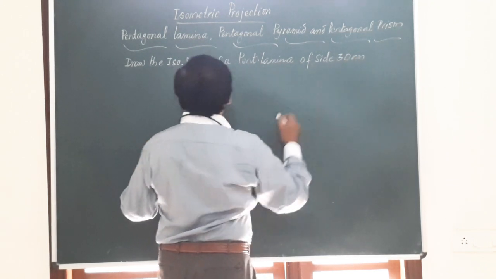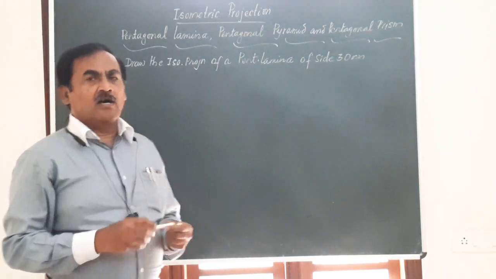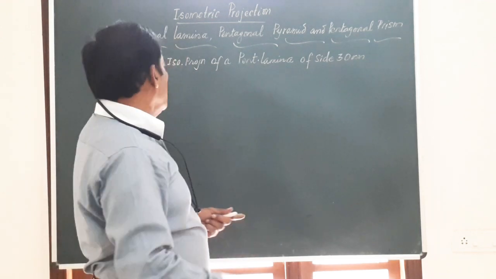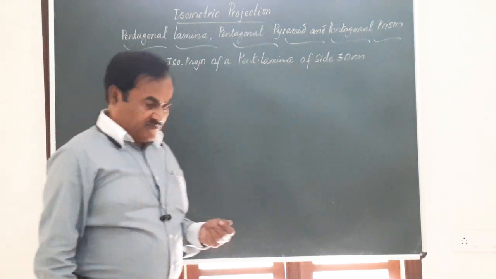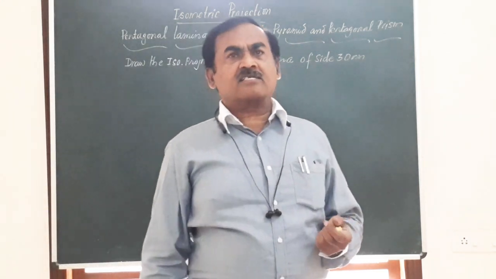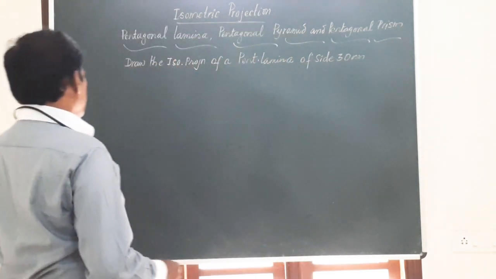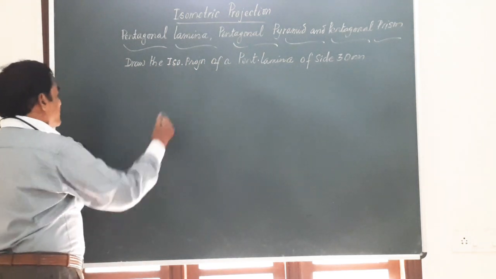Friends, this is a problem on a pentagonal lamina, or a thin pentagonal plate, which has each side measuring 30 mm. So first of all, let us construct a pentagonal lamina and see how it can be proceeded.